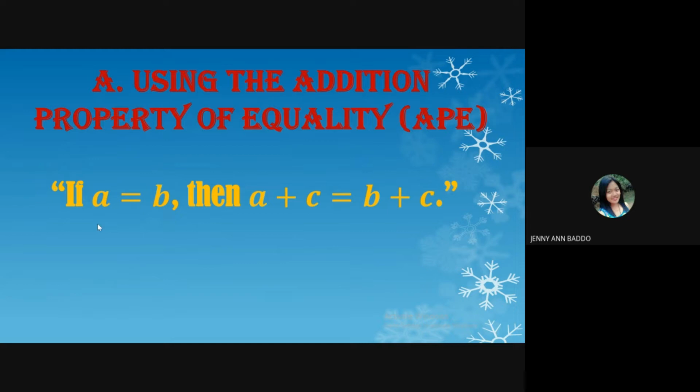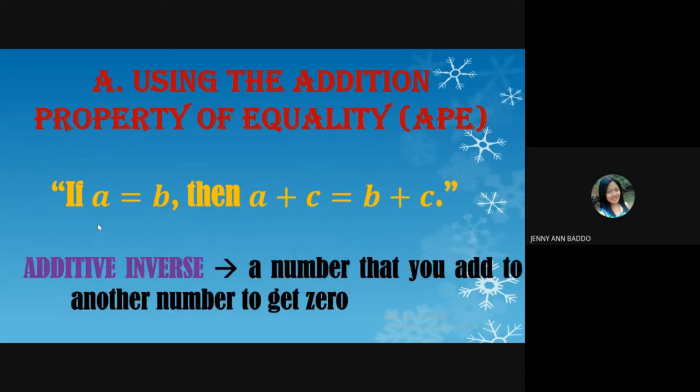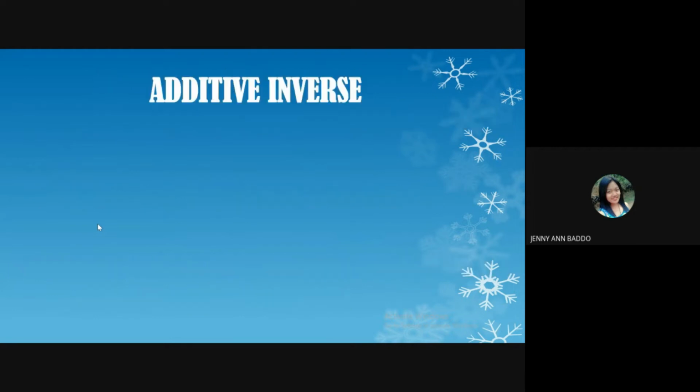Now, in using the APE to solve linear equations in one variable, you must familiarize yourselves with what we call the additive inverse of a number. It's a number that you add to another number to get 0. And how are you going to find that additive inverse?